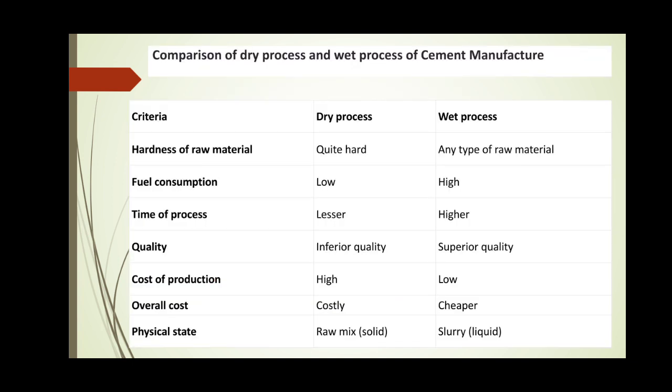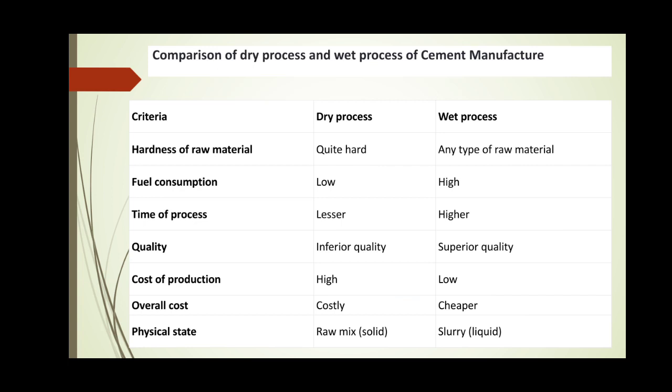Comparison of dry process and wet process of cement manufacturing. First criterion is the hardness of raw material. For the dry process it is quite hard, and in the wet process any type of raw material can be used. Fuel consumption in the dry process is low as compared to the wet process.